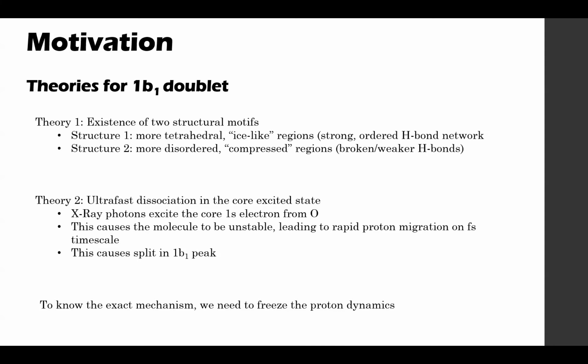Such an anomalous property shown by water led to this two structure theory, and that was related to the 1b1 doublet also: liquid water lies as a mixture of these two structures, and it is because of the presence of these two structures that we get two kinds of peak.